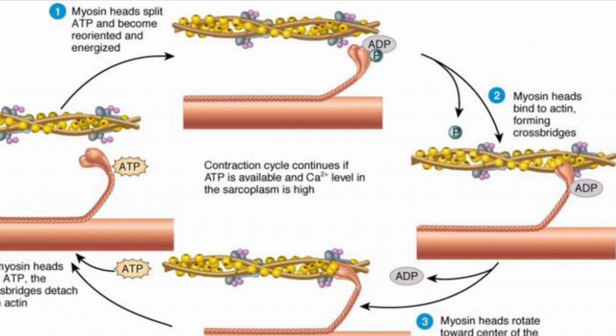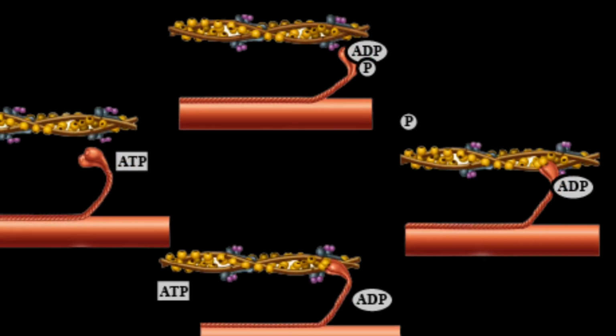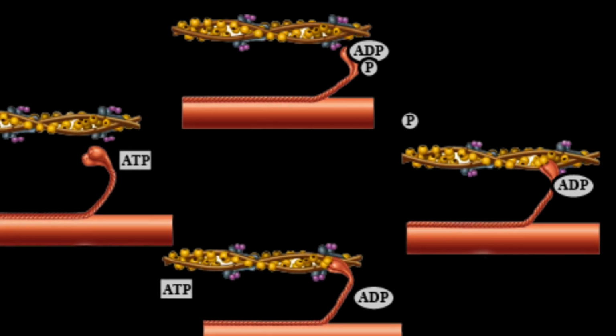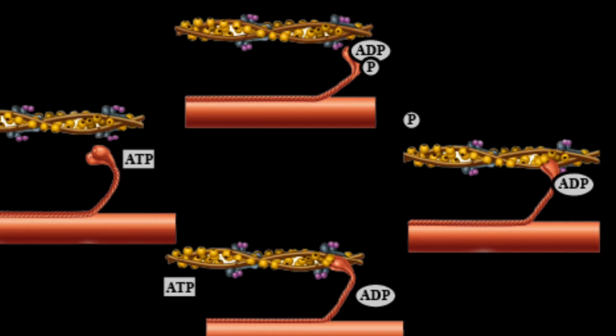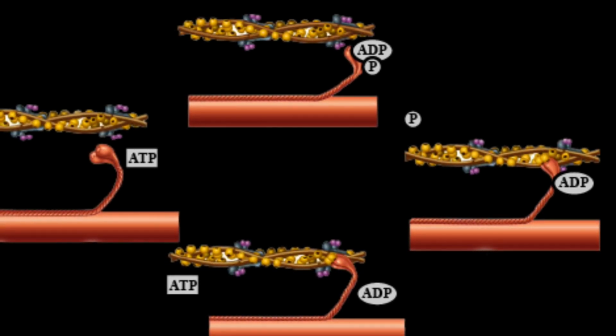Then, the calcium will bind to the troponin, a protein on the actin filament, which causes a change that exposes binding sites on the actin. After that, the myosin heads, which are part of the thick myosin filaments, bind to the exposed sites on the actin.